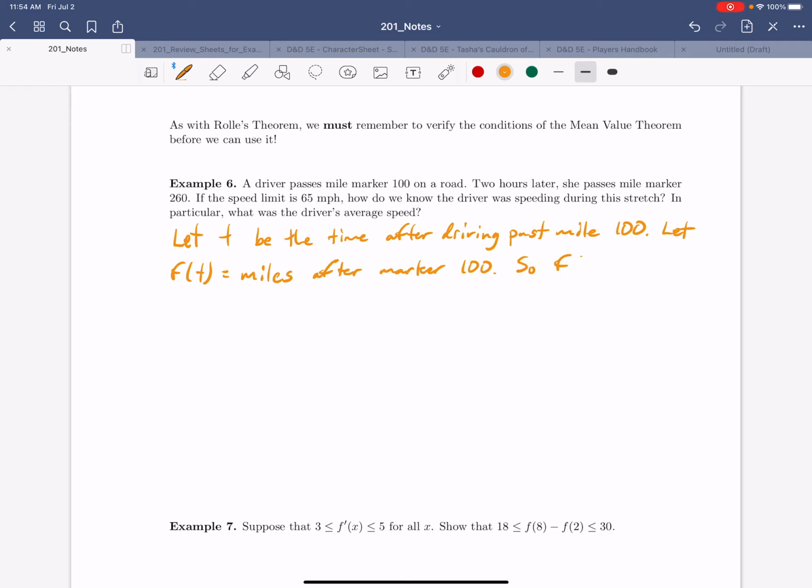So f of 0 equals 100, and f of 2 equals 260, right?